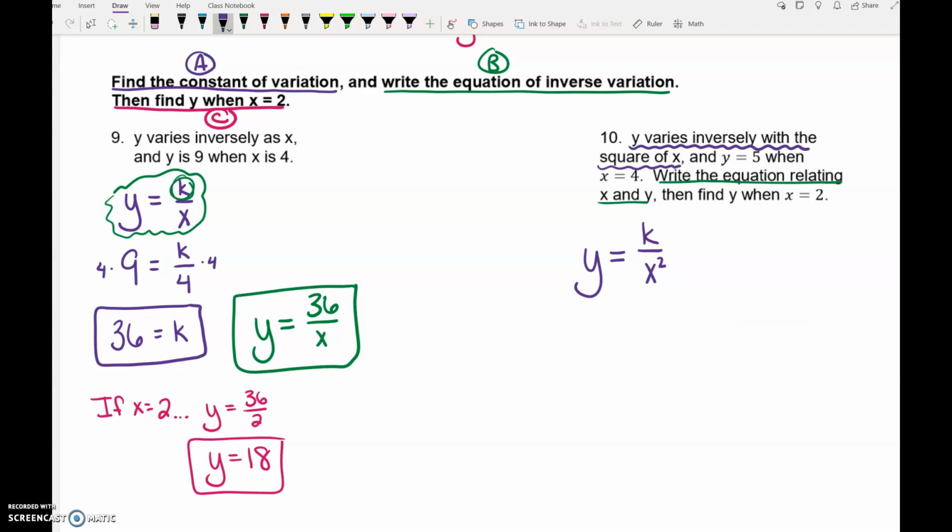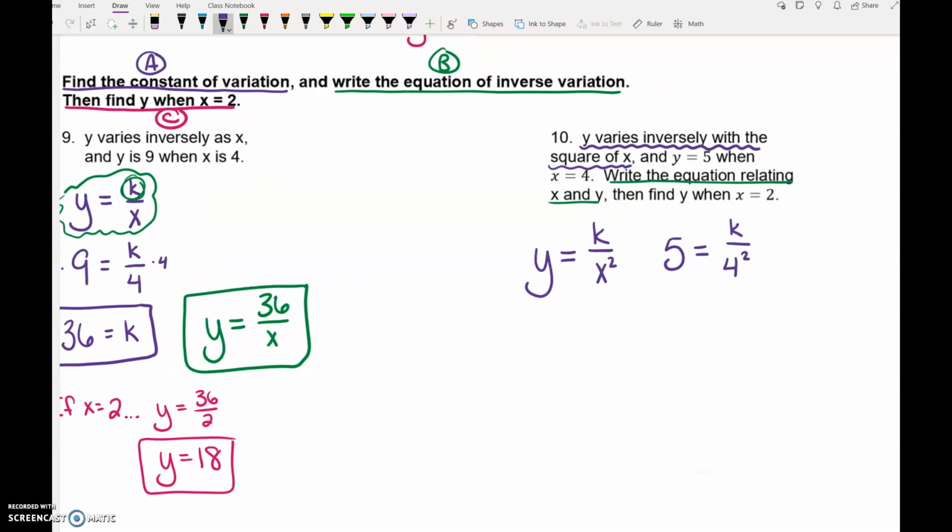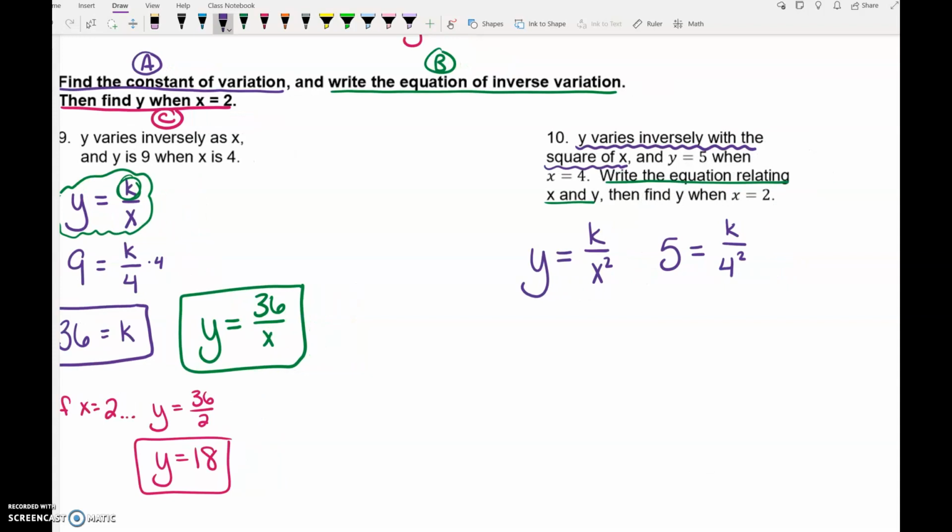Then they're telling us that y is 5 when x is 4. What is 4 squared? 16. And then we would multiply both sides by 16. 16 times 5 is 80.